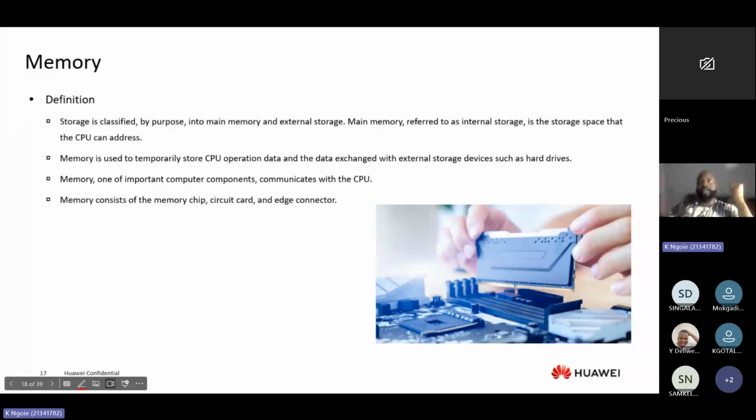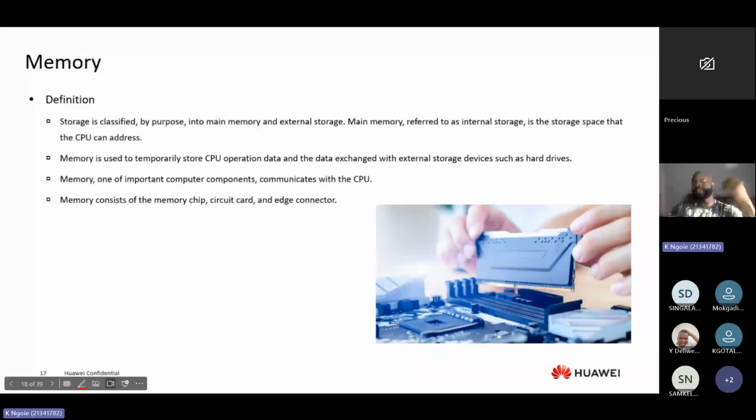So the memory will be the storage. We'll have the main storage, where we're going to have the internal storage, which can be the storage that the CPU is going to have when certain applications are being used.